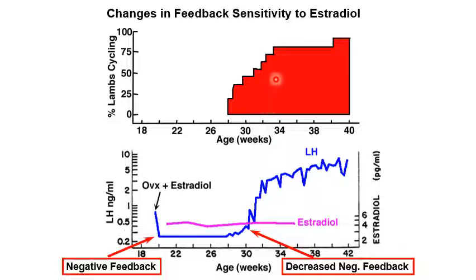We also have here the top portion. In the top portion, the red part represents the proportion of the animals that have reached puberty or begun to cycle at this particular age. So at the age of about 28 to 30 to 32 weeks, there is a gradual increase in the proportion of animals that have cycled.